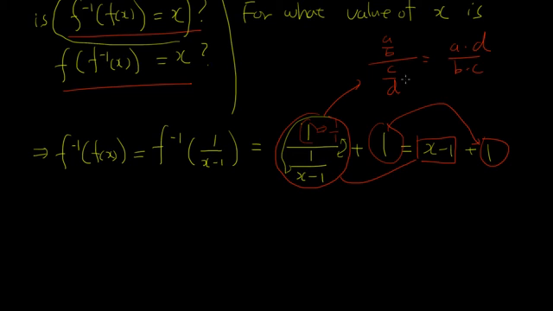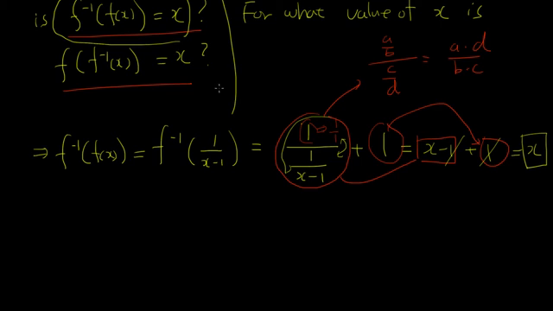BC goes under, AD goes on the top. 1 times x minus 1 would be AD, which is just x minus 1. Anyway, so what happened? Minus plus cancels out. This becomes x. So we verify that these two are inverse to each other.